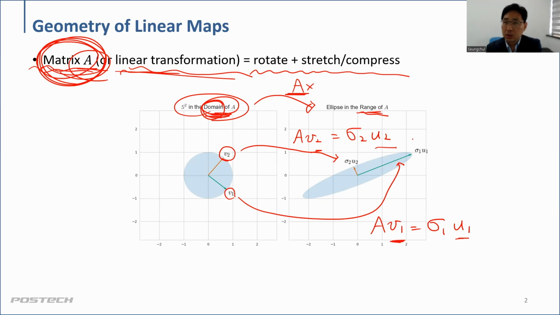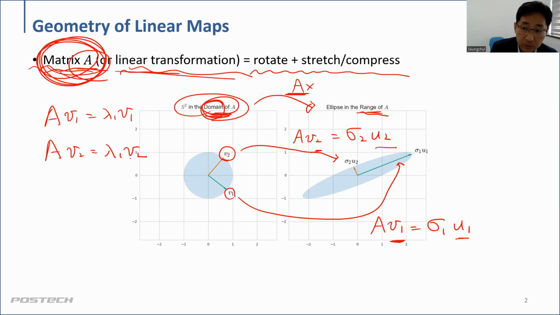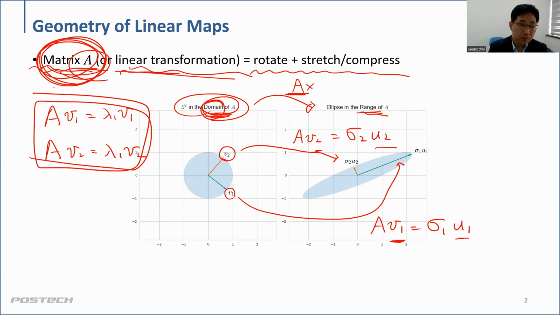You do the eigenvalue analysis, it was like AV1 is lambda 1 V1 and AV2 is lambda 2 V2. In that case, its domain and range are the same, and these two vectors are the same in domain and range. But in the more general case, U and V are different. They are in different spaces.